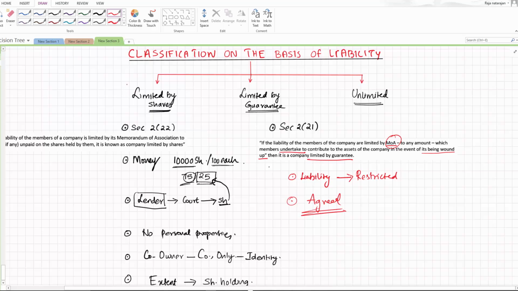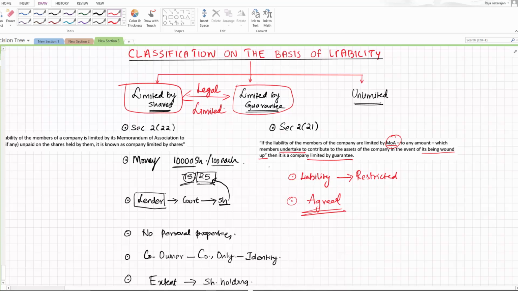Fine. So now we have understood what is company limited by shares and what is company limited by guarantee. Let us identify the similarities and the differences between these two. The similarities are that both are legal personalities and both of them have limited liability.